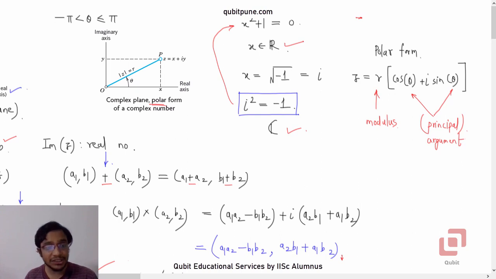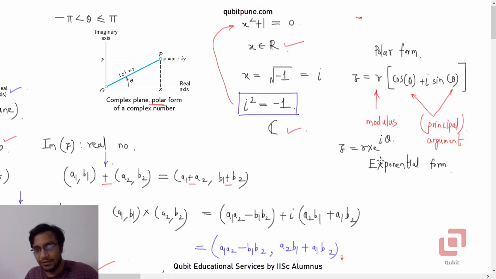Now what is the exponential form? The exponential form of a complex number is z equal to r into e to the power i theta, and this formula is due to Euler.